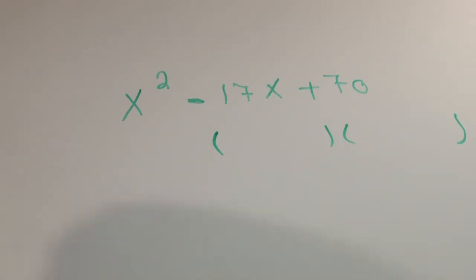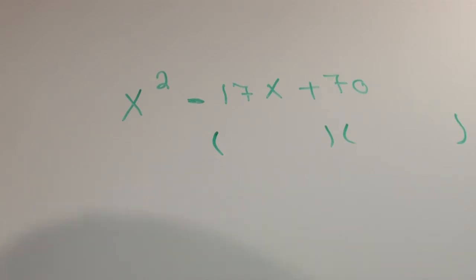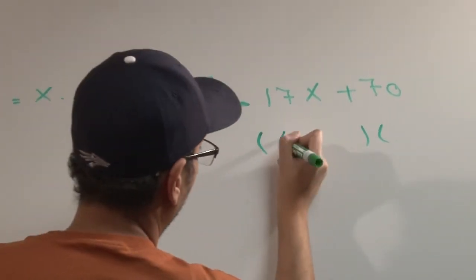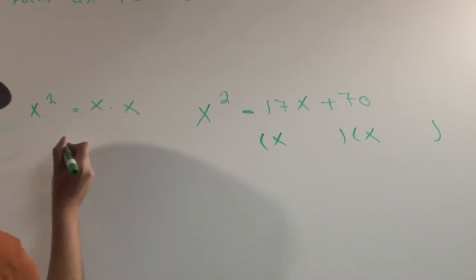I need two minus numbers because here it's supposed to be positive. So what's 70? Let's get x first. x squared is x times x. So let me put it here, x and x. 70.